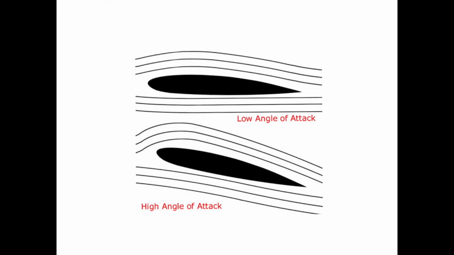The way the wing is shaped is very important, because if you have a higher curve at the top of the wing, it will actually create lift. The bottom picture has a higher angle of attack, and you can begin to see how these lines of air over the top are lifting.